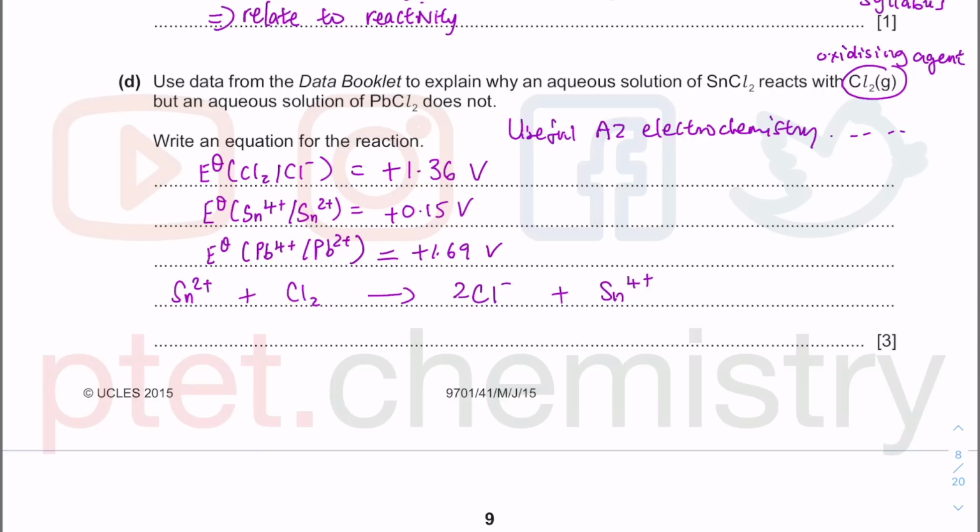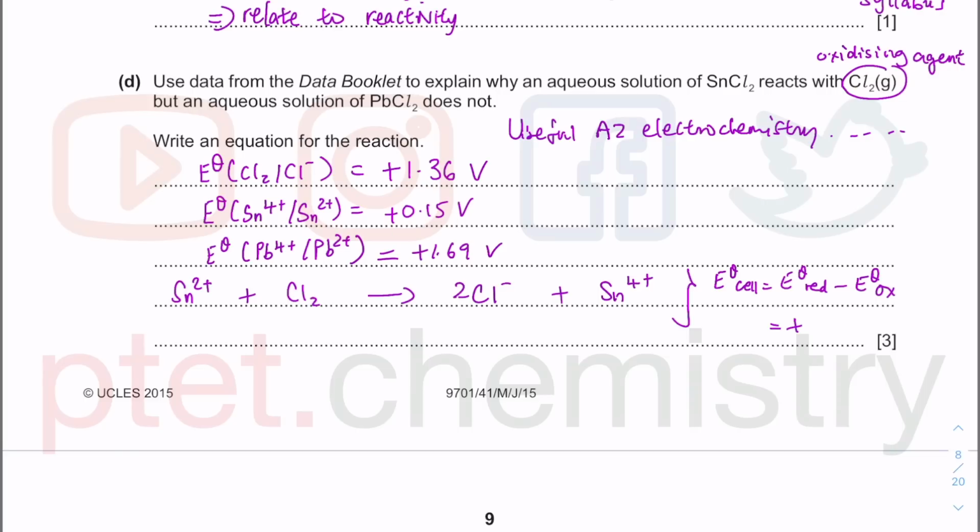So 2 Cl minus, Sn2+ will lose 2 electrons, and Cl2 will gain the 2 electrons. This is the balanced equation, and E cell is your E red minus your E ox. Cl2 going to Cl minus is your E red, and Sn2+ going to Sn4+ is your E ox.